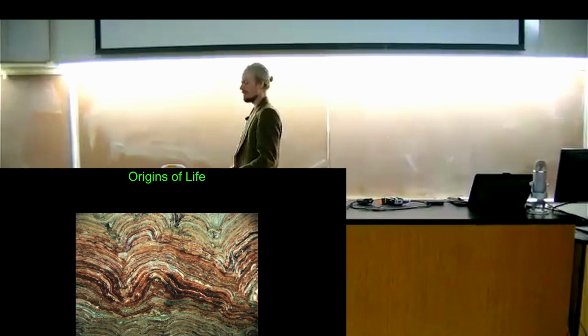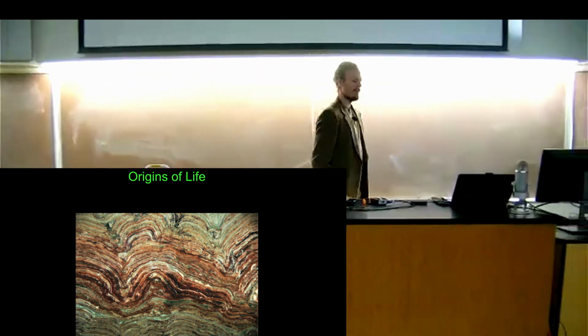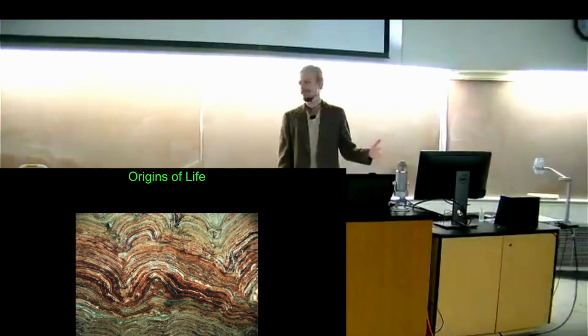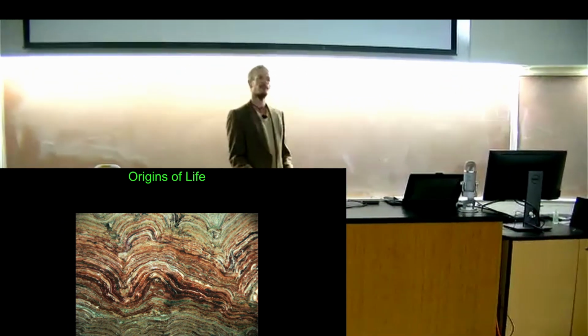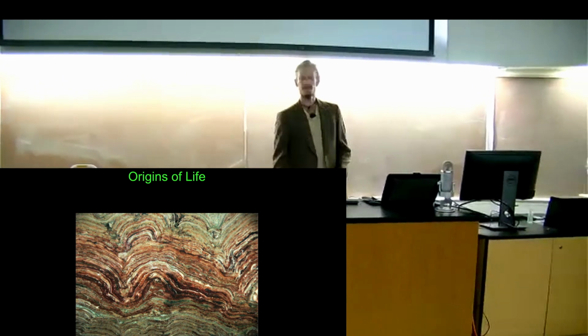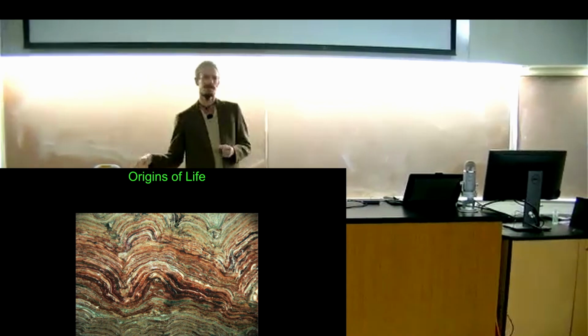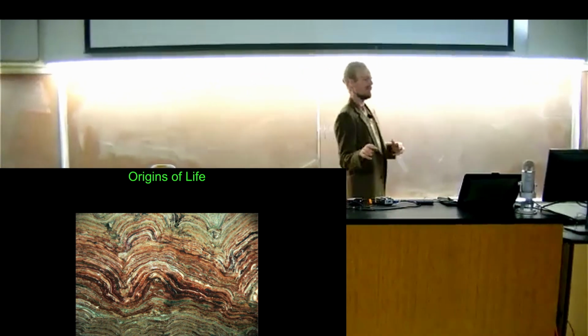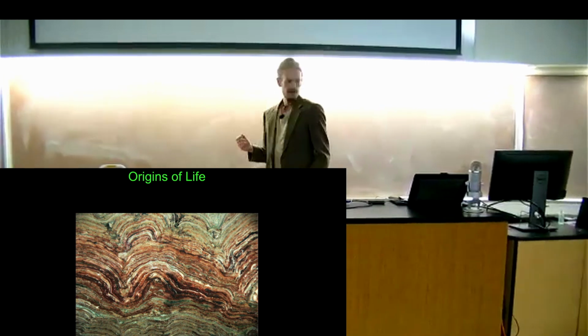But at the same time, we need to explain how life came to be in the first place on our planet. And if it didn't form on our planet, well, where did it form? And it must have formed somehow. And so it's strange that in some sense we've moved completely away from this concept of spontaneous generation, but we're also married to it. We can't get away from it.